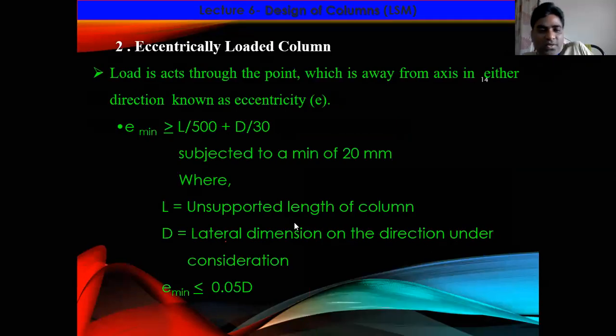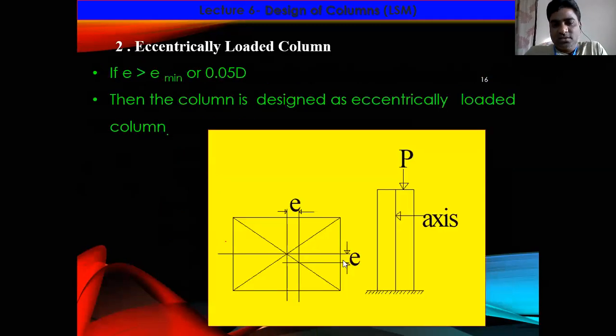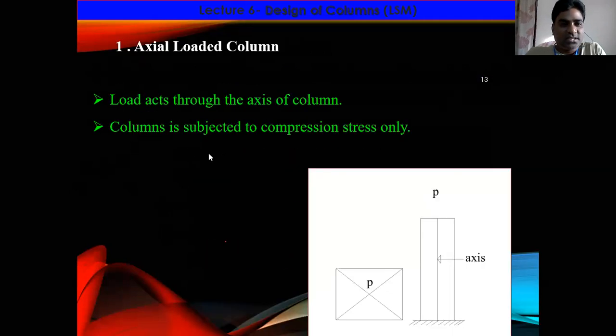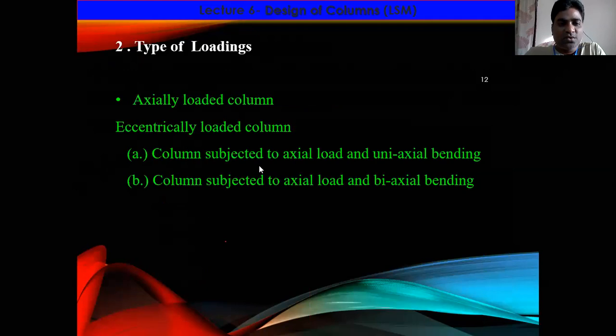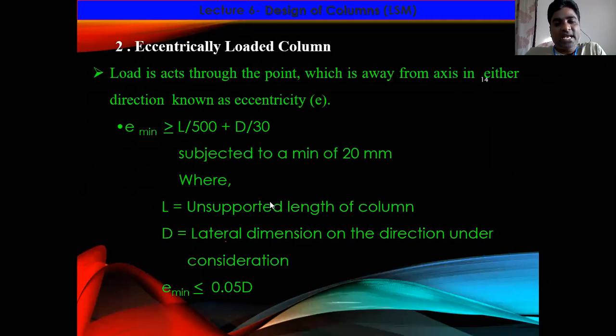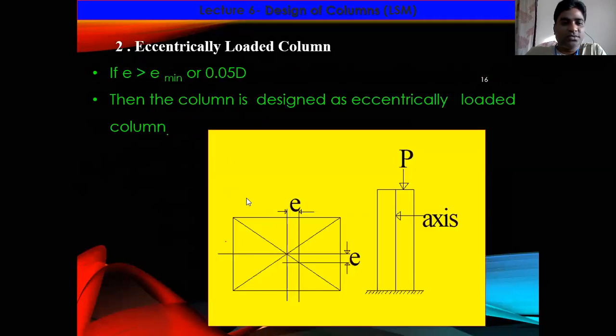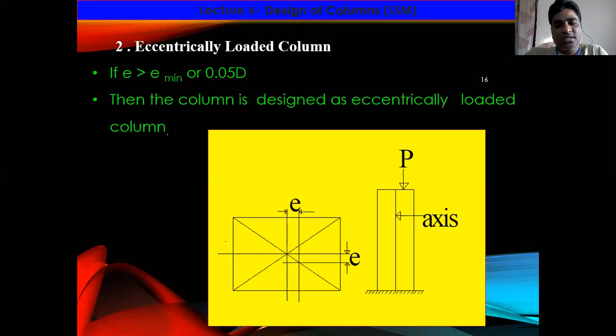In eccentrically loaded columns, again there are two types, biaxial or uniaxial. That is what we discussed. What is meant by biaxial or uniaxial? We're going to discuss the eccentricity. Eccentricity means the load acts away from the centroidal axis of the column.